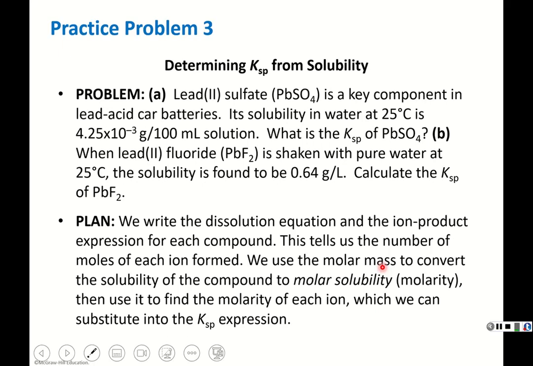What is the KSP of lead sulfate? And then the second part: when lead(II) fluoride is shaken with pure water at 25 degrees Celsius, the solubility is found to be 0.64 grams per liter. Calculate the KSP of PbF2. Okay, so we have 2 of these to calculate.